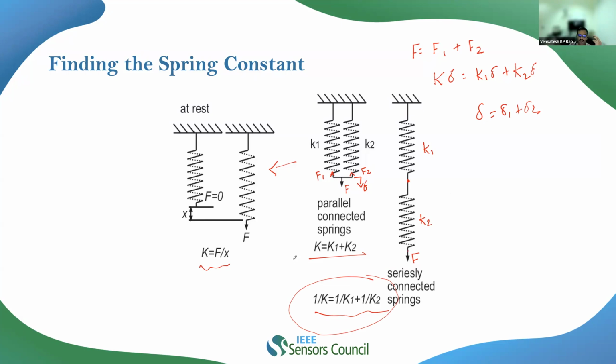In general, if I have any n number of springs in parallel, then K effective will be equal to the summation of Ki, with i ranging from 1 to n. On the other hand, if they are connected in series, then 1 over K effective will be equal to the summation, i ranging from 1 to n, of 1 over Ki, right?